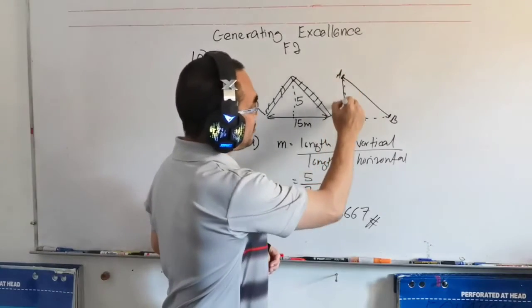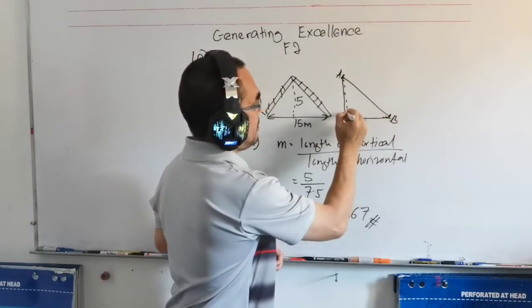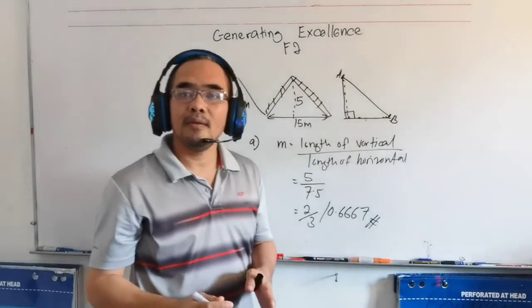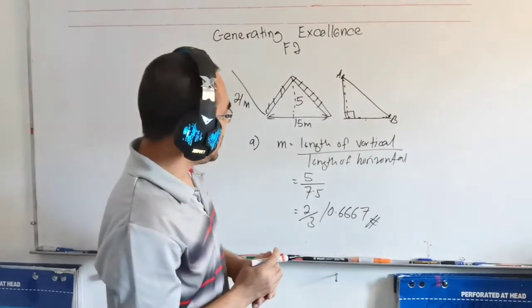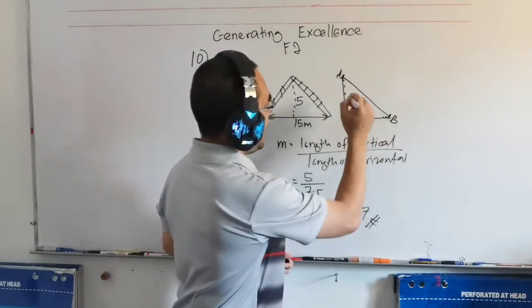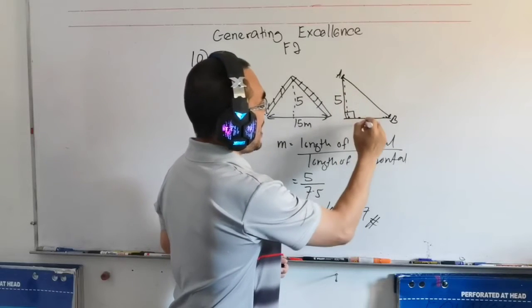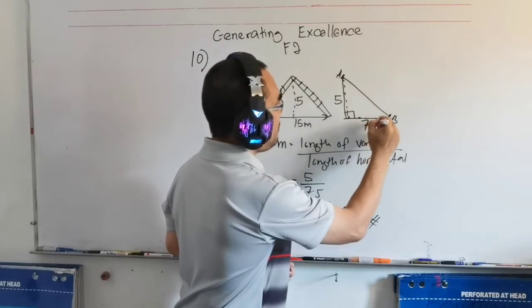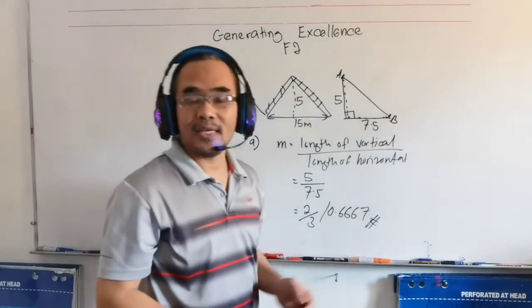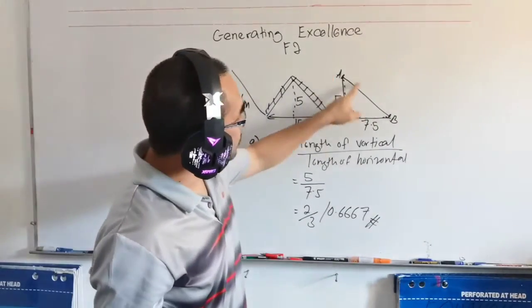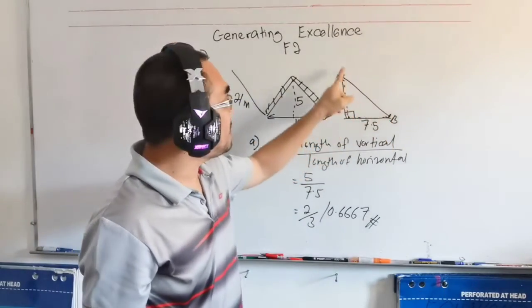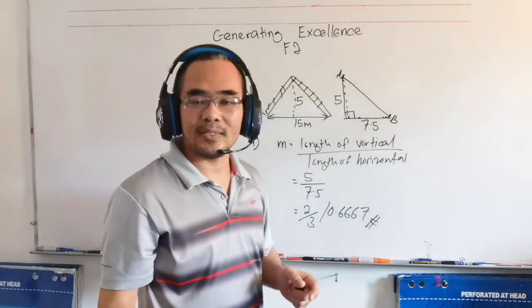So this is a right angle triangle, and you have to label the two sides that you have, that is, here is 5 and here is 7.5. You have to find the length of the hypotenuse.